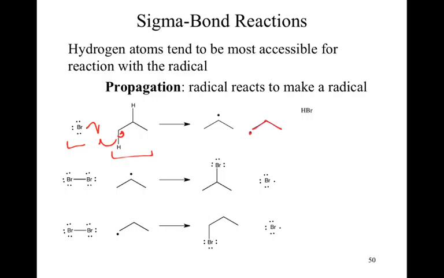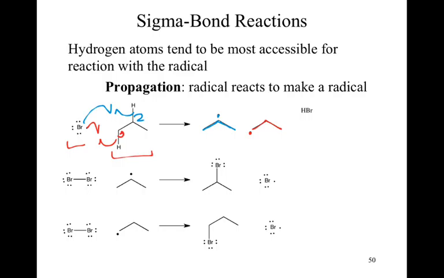The other possibility, if we had our bromine radical react with the other hydrogen, is that we could form a secondary radical. One of the things that's going to contribute here is which of those products is more likely to form. In this case, the more likely product to form is the secondary radical because it is more stable. And so we have to look at some kind of energetics behind this.